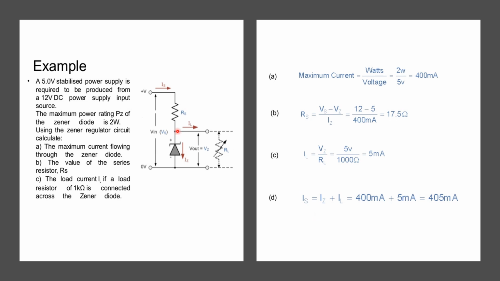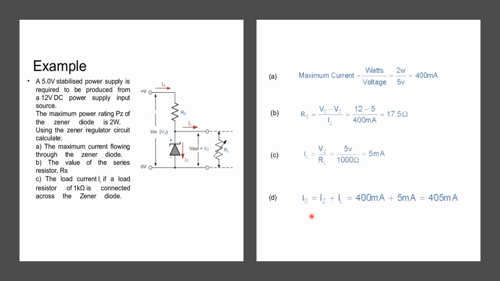This means the Zener allows 400 milliampere, while the load only draws 5 milliampere. Input is 12 volts, output is 5 volts. The output current is 5 milliampere, and the Zener is allowed a current of 400 milliampere.